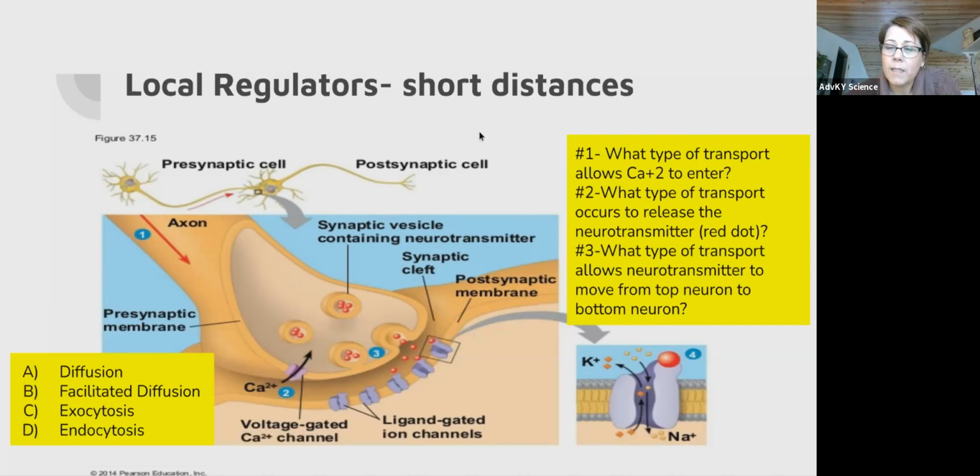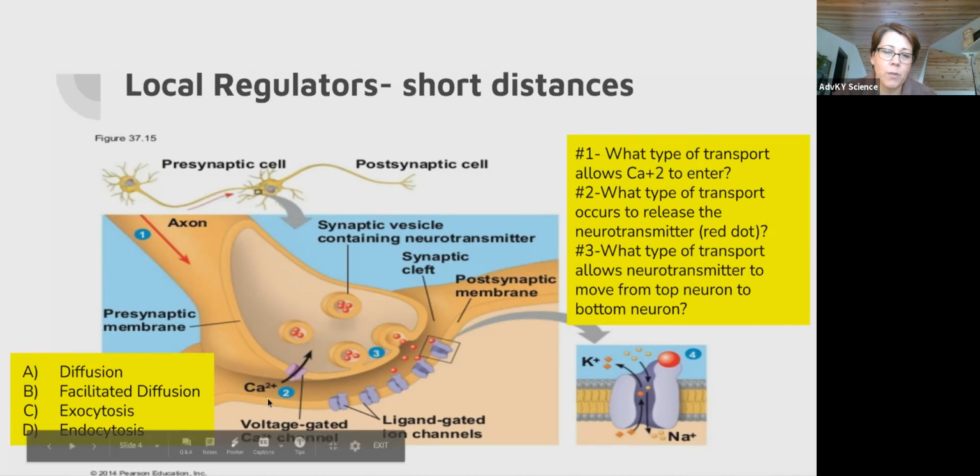So what I would like to ask you, and for some reason, again, I'm having a hard time seeing the polls, so we're just going to use chat. For my first question, what type of transport allows calcium to enter? So here's calcium. What kind of transport is occurring to allow calcium to get into this neuron?